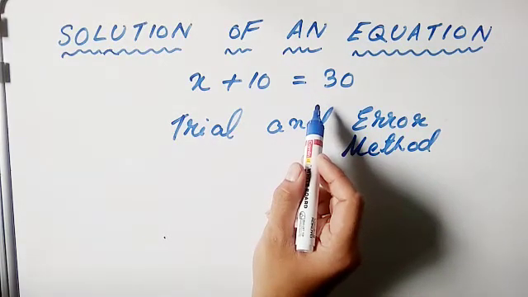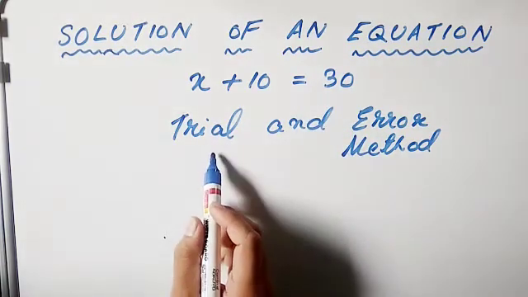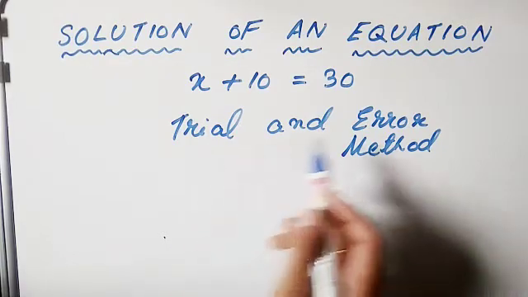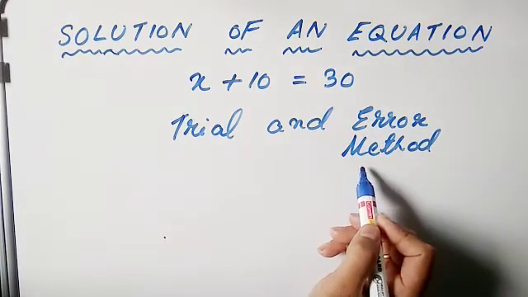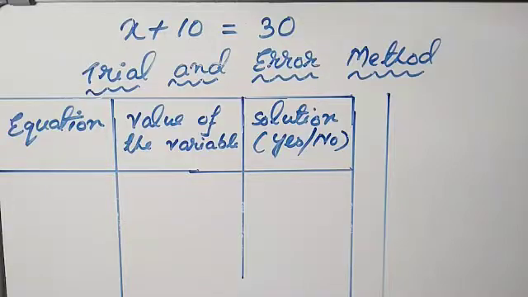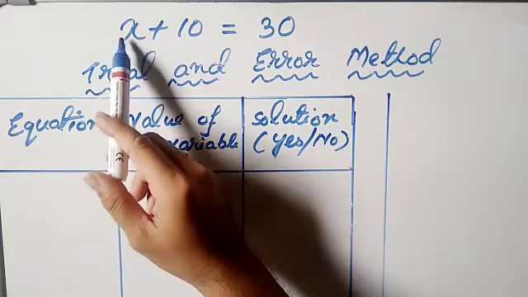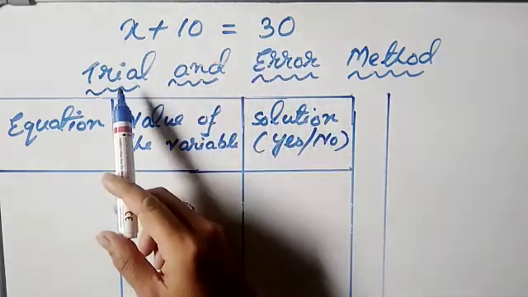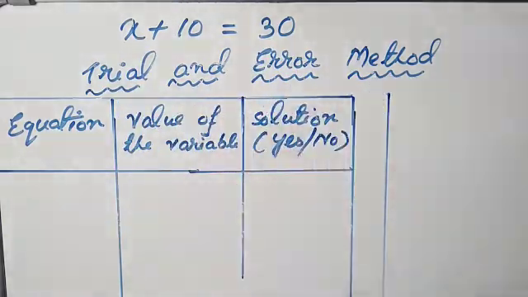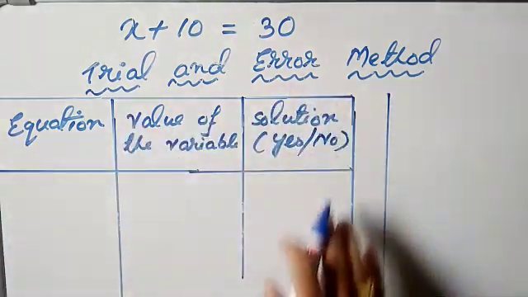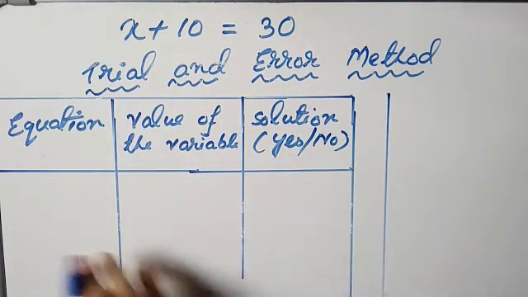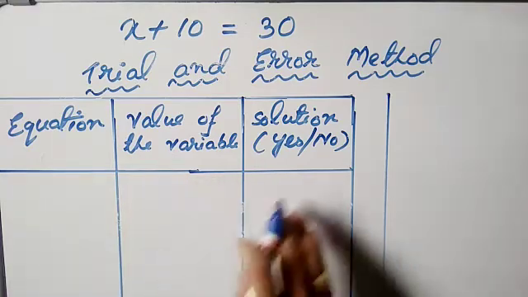So let's try to understand how to use the trial and error method. Students, let us try to understand how to find the solution of a given equation using the trial and error method. First of all, we need to draw a table and divide it into 3 columns.